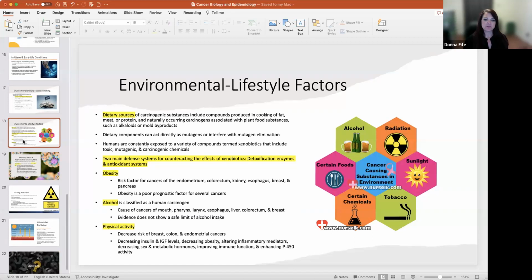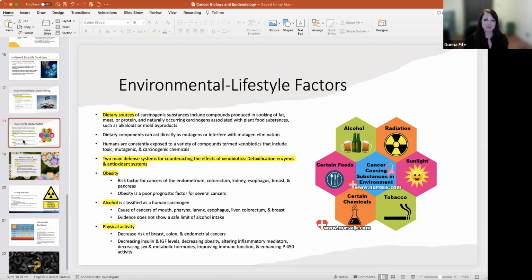Dietary components can act directly as mutagens and interfere with mutagen elimination. Humans are constantly exposed to a variety of compounds termed xenobiotics that include toxic, mutagenic, and carcinogenic chemicals. The two main defense systems for counteracting the effects of xenobiotics are the detoxification enzymes and antioxidant systems.